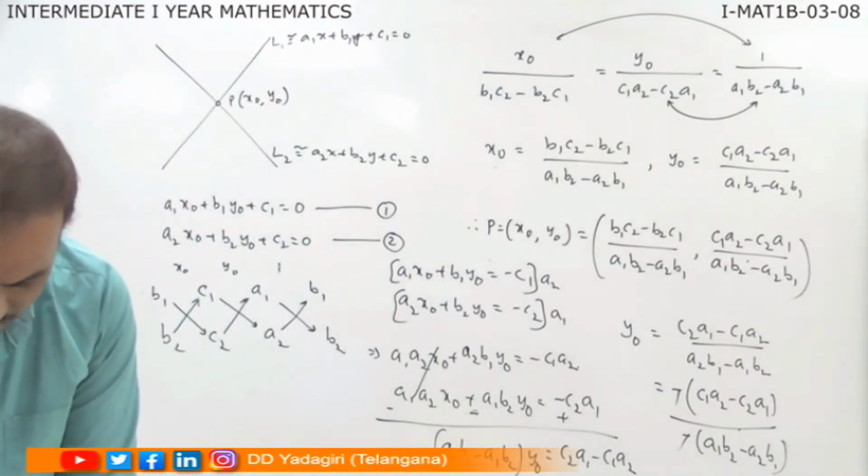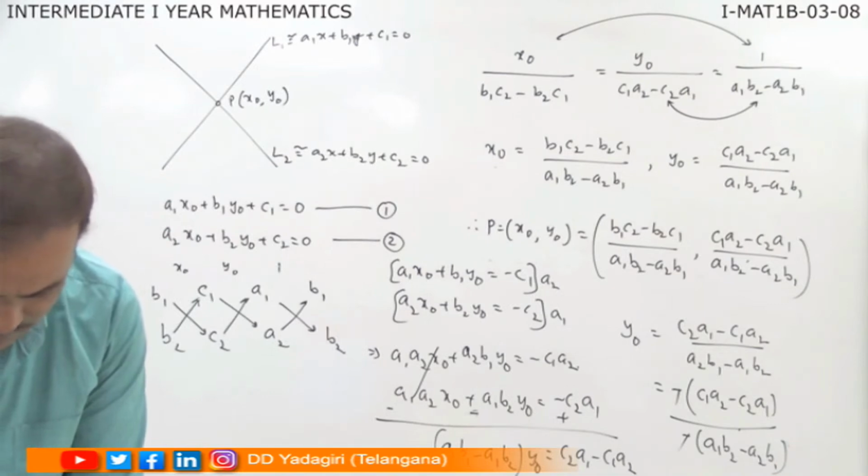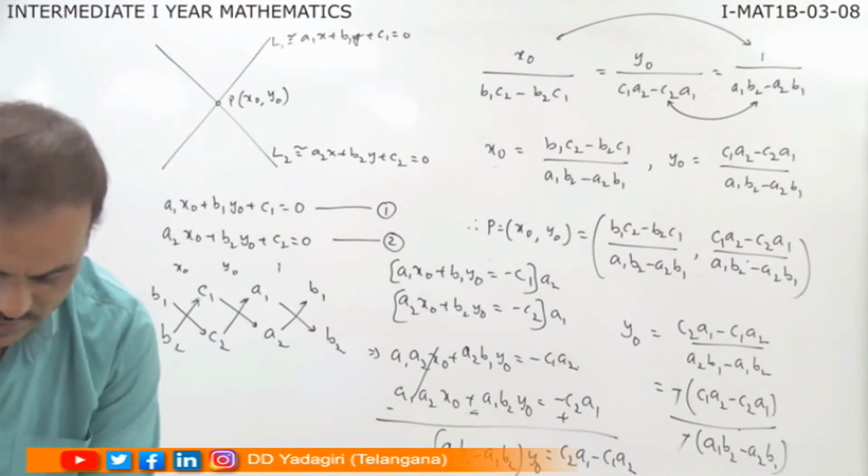Now we'll go to the next part of it, that is condition for the concurrency of three straight lines.